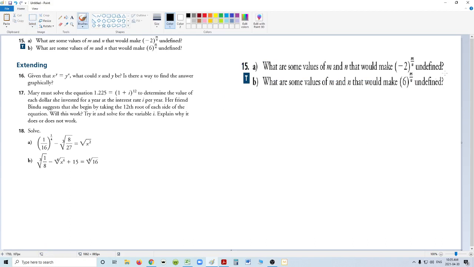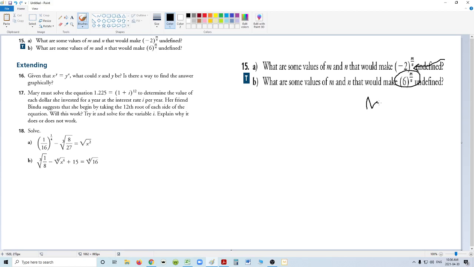So, when can't this be possible? Well, when n is an even number and m is an odd number. So that's when it's undefined. Undefinable? There's no values of m and n here that would make it undefinable.